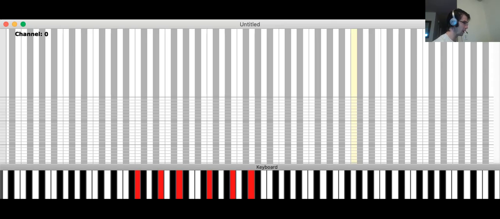The one chord in G is G major: G, B, D. And then the 4 in the key of G is C. Back to 1, which is G. 5, that's a D chord.